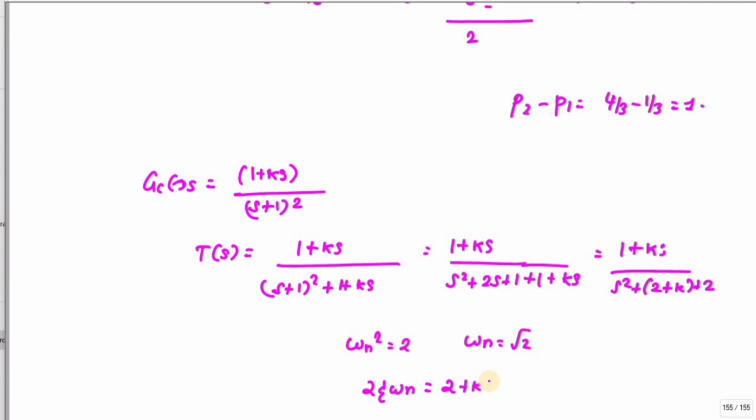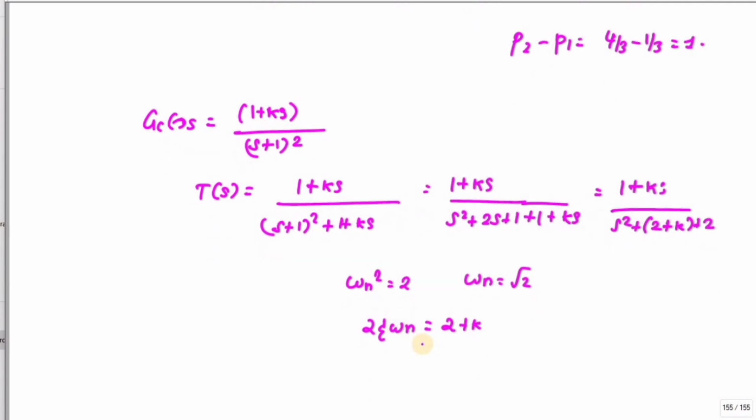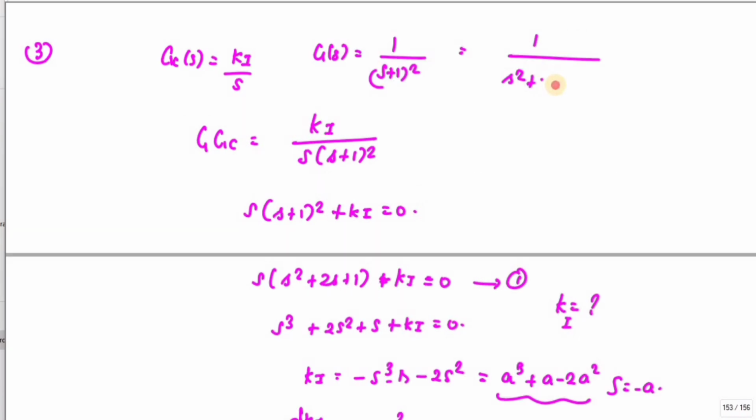So from this, the omega n square is 2. So the omega n value is root 2 and 2 epsilon omega n is equal to 2 plus k. So if I substitute the omega n value, you can see the g of s is nothing but 1 divided by 2s plus 2.